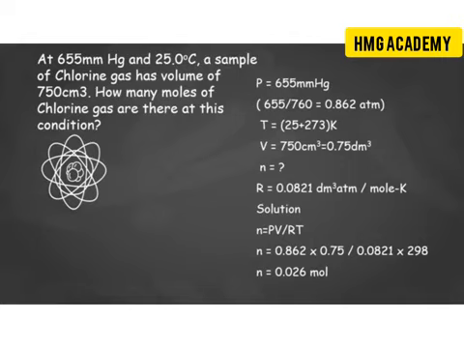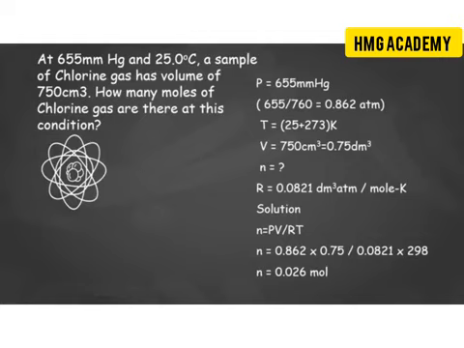The amount n is unknown. The R is a constant, actually 0.0821 dm cubed atmospheres per mole Kelvin. That's why if you notice the pressure above, we have to convert it from millimeter mercury to atmospheres.